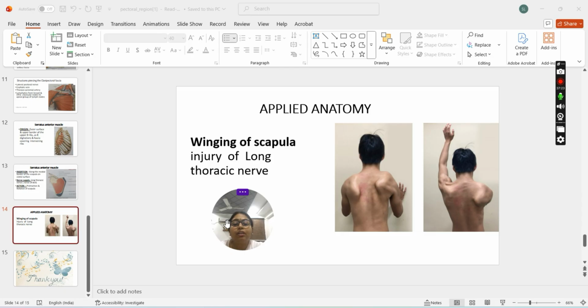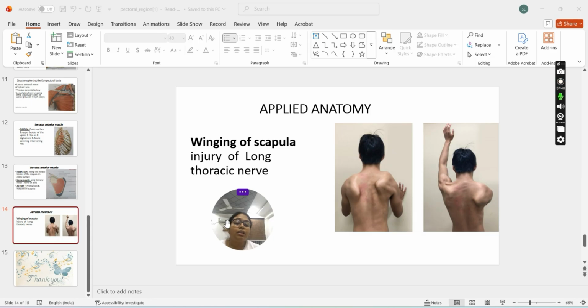Injury may happen either due to a bullet injury, a mistake during surgery of the chest wall, or carrying heavy boulders on the shoulder. Okay, so when injury to the long thoracic nerve happens, paralysis of the serratus anterior will be the result.